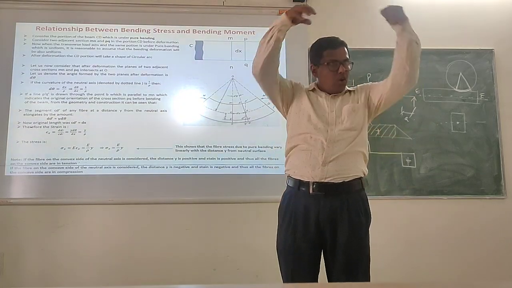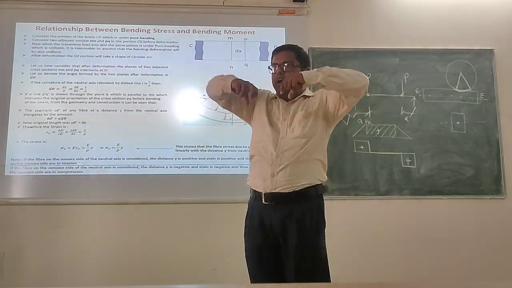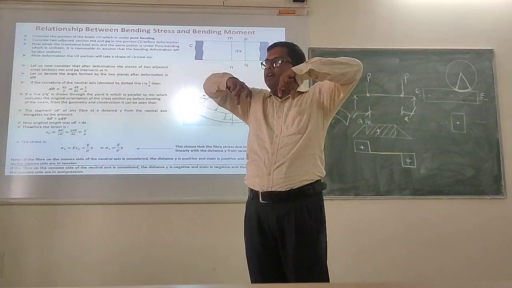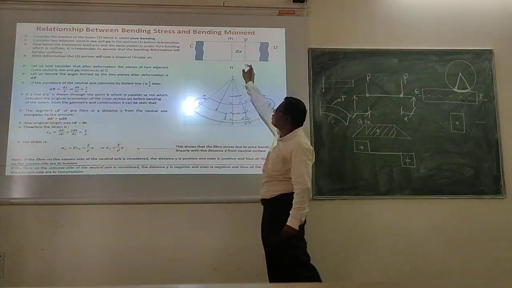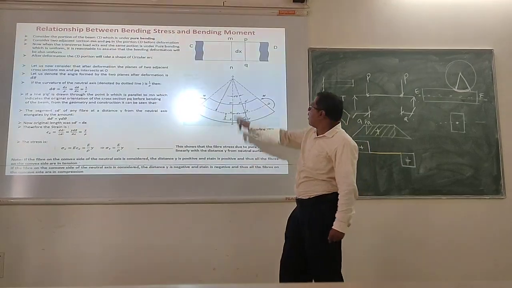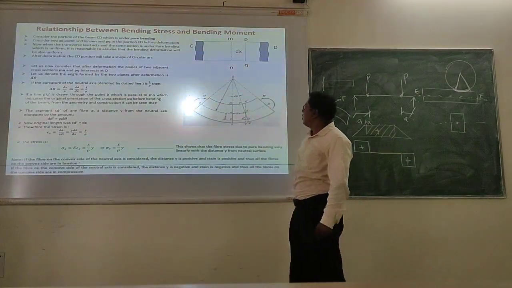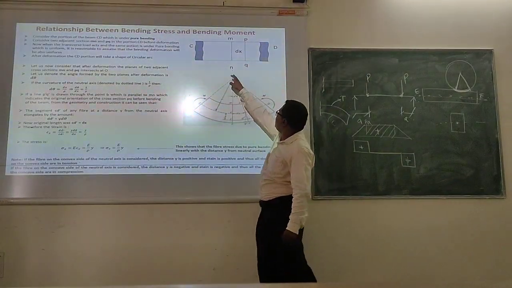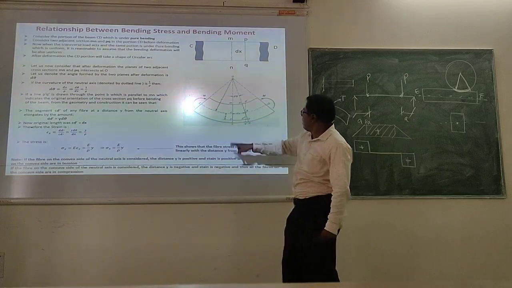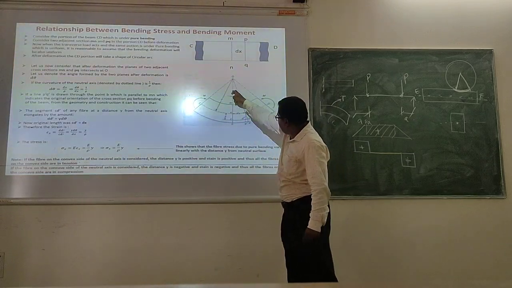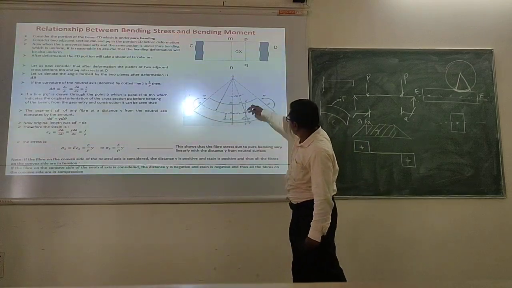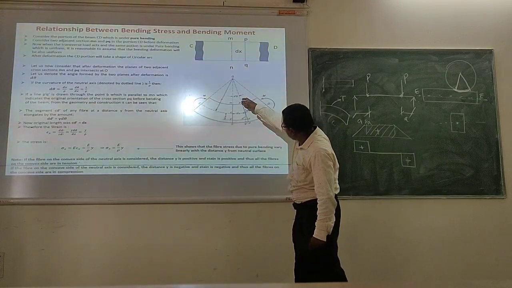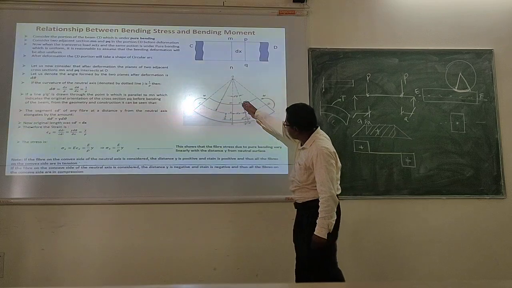Correct? After the load is put, it bends. So a circular pattern comes. So after that, what happens to this MN and PQ? What happens to this MN and PQ? If I take this MN as reference, then you see PQ will be getting a little bit distorted, right?